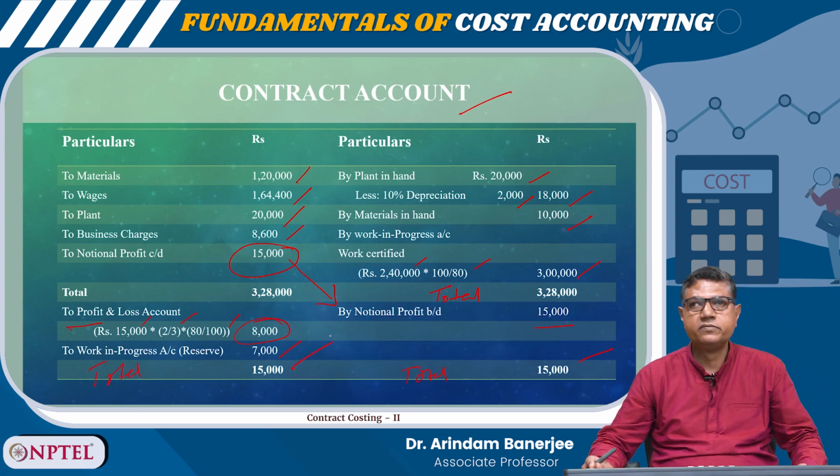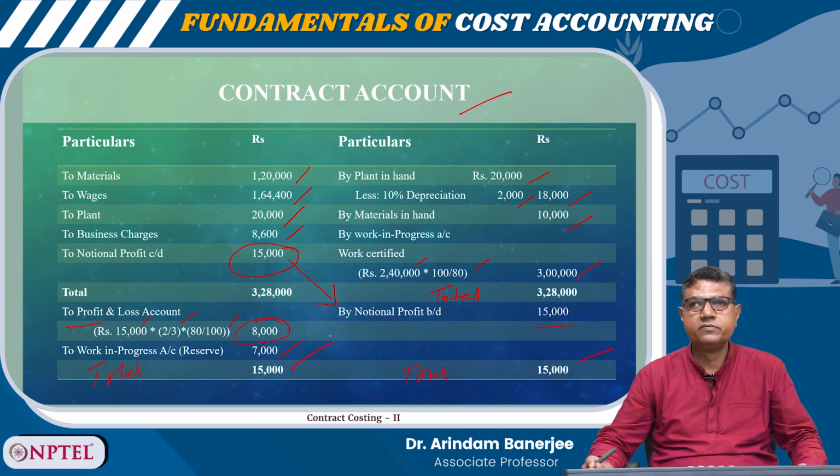Planning and estimating costs 1,000. Site office costs 678, head office expenses apportioned 375. Depreciation we can calculate: 20 lakh was the original cost and 5 lakh is the residual value. So it is 15 lakh, and by the straight line method divided by 5 years, per year it is 300.